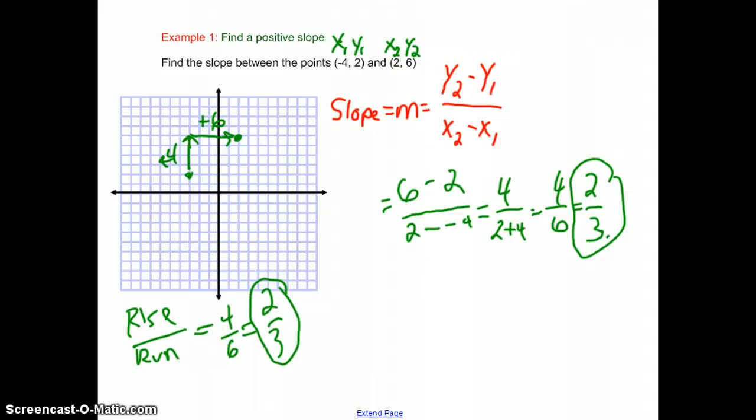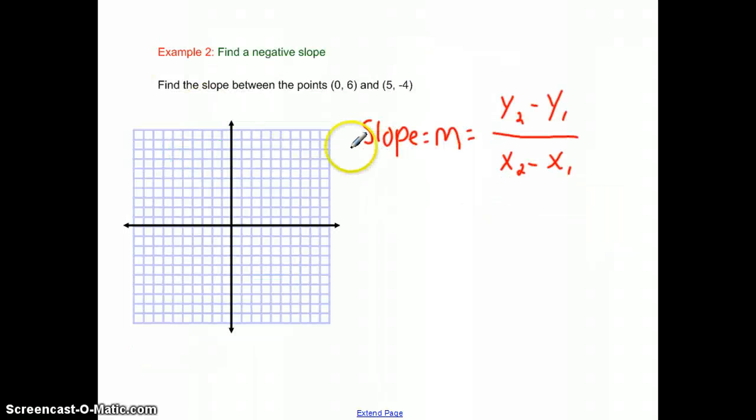Okay, so that's finding positive slope. For negative slope, again, here's our 2 points. This is going to be our x1. This is going to be our y1. This will be our x2. This will be our y2.